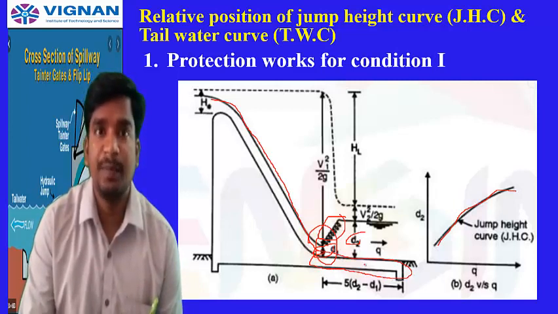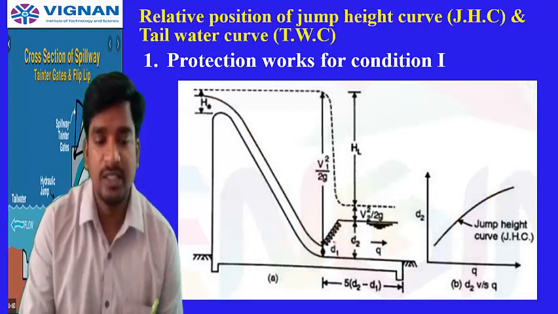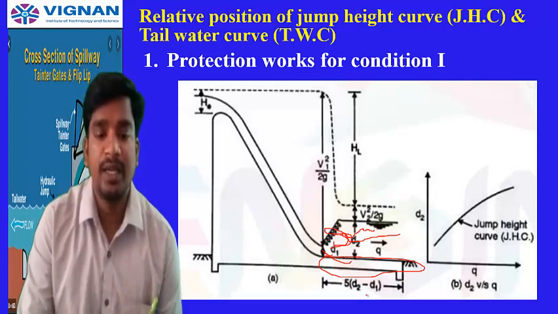This is the stilling basin we need to provide, because the turbulence will be more in this particular piece. The water will have high turbulence as it is moving like this. This is the stilling portion we want to protect, and that length is given as 5 times (d2 minus d1).